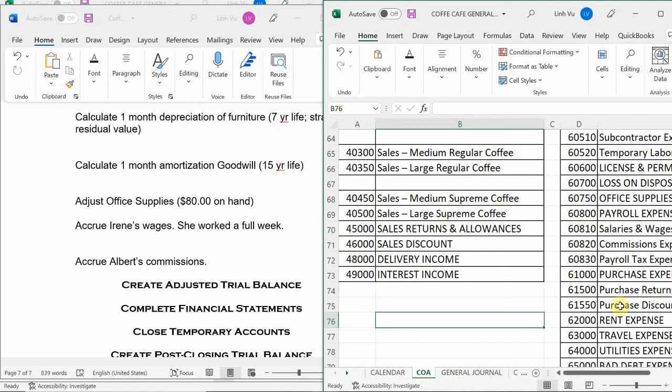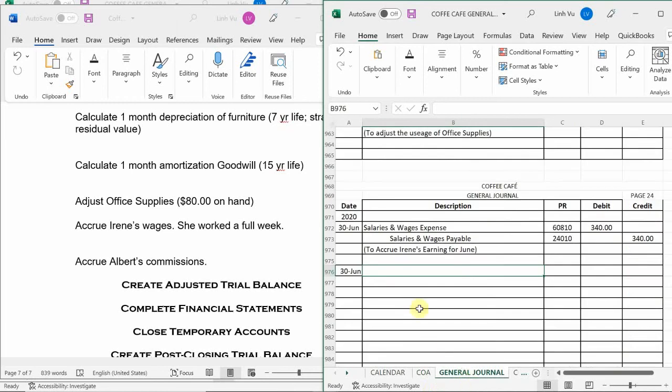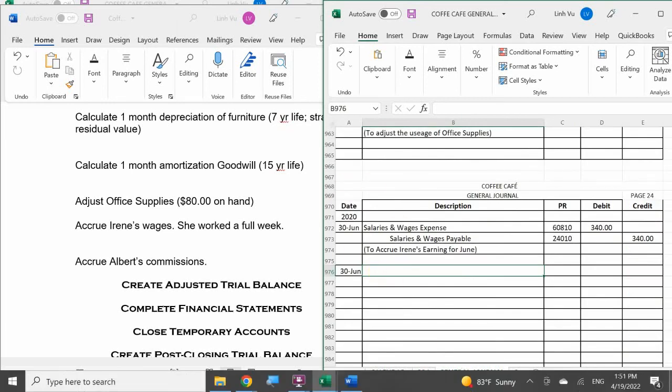And commissions expense is 6820. So commissions expense, and since I owe Albert and I'm not going to pay him yet, commissions payable.